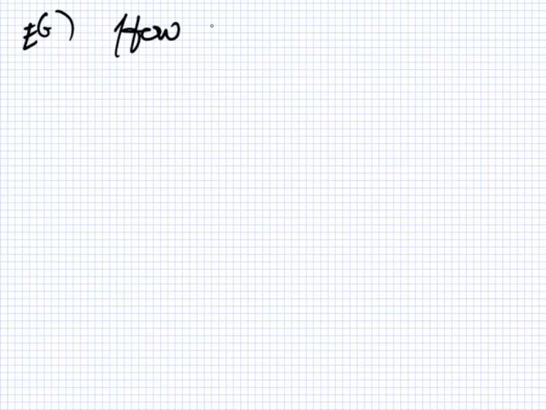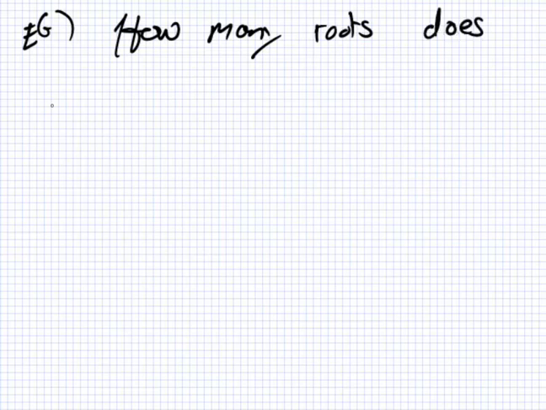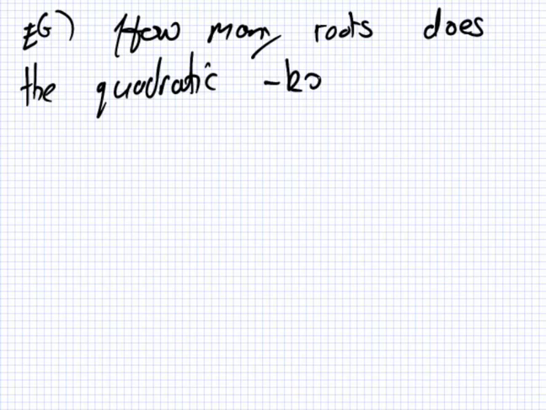So my question now is, how many roots does it have? I don't know k, but that's all right. I don't need to know what k is to know how many roots there are. Discriminant is b squared minus 4ac. That would be minus 4k squared minus 4ac.